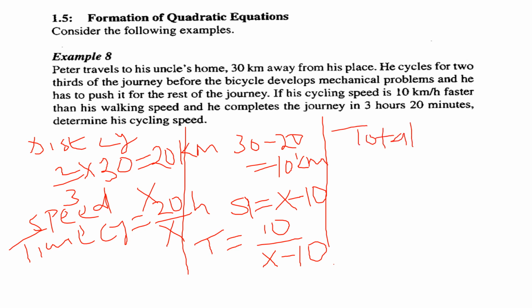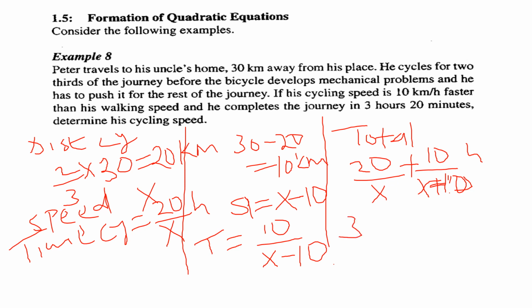For us to get the time taken in walking, we need the walking speed. We are told that the cycling speed is 10 kilometers per hour faster, meaning that if he had a speed of x in cycling, the speed for walking will be x minus 10 kilometers per hour.